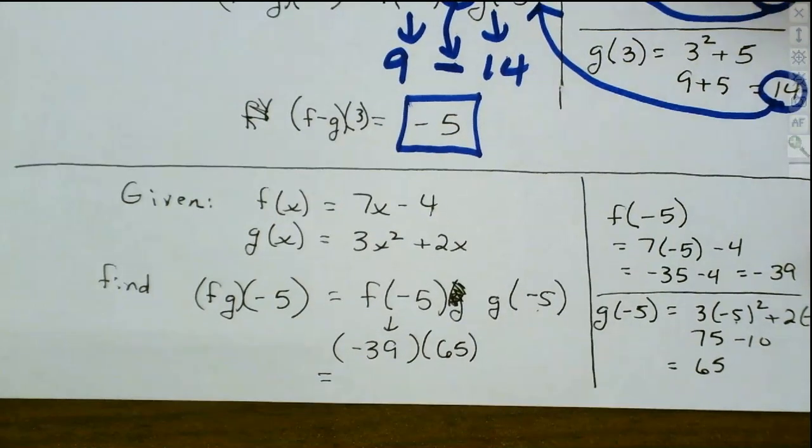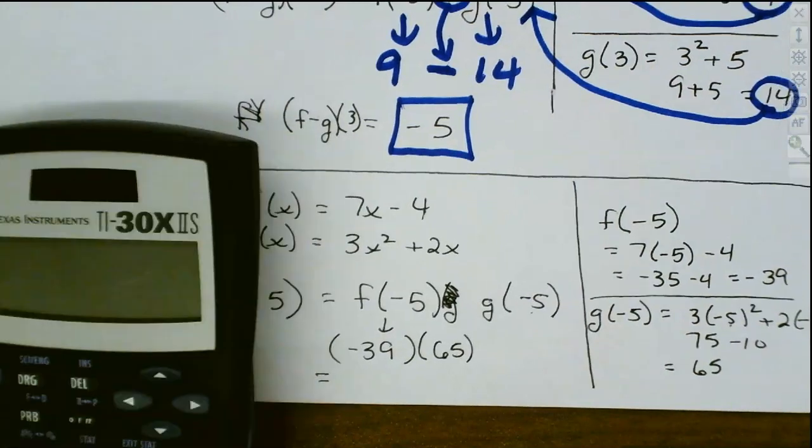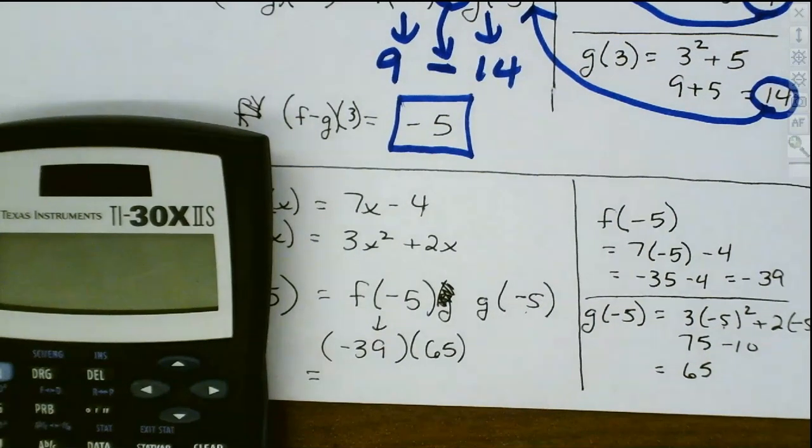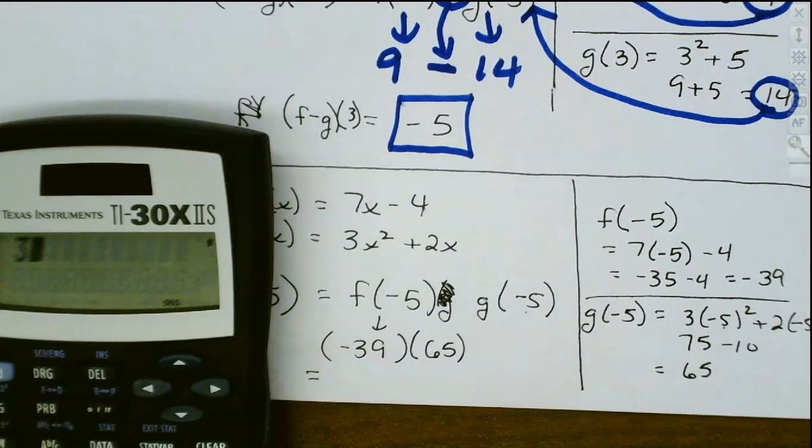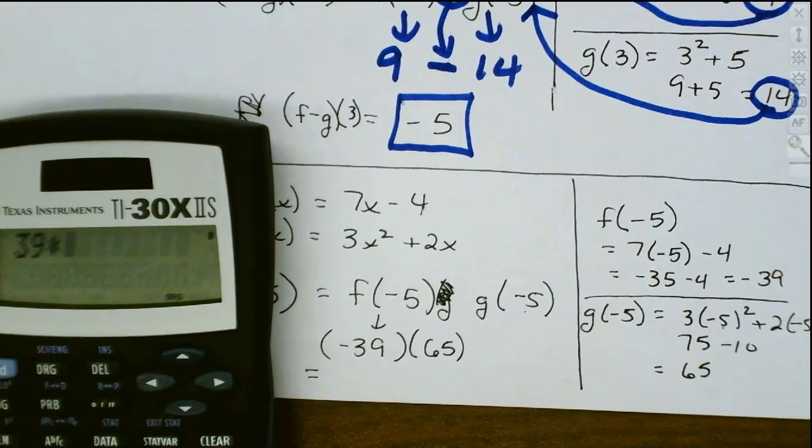Now, what are we doing? We are multiplying them together. So all we now need to do is just take our numbers and multiply them together. We know our answer should be negative. So 39 times 65.